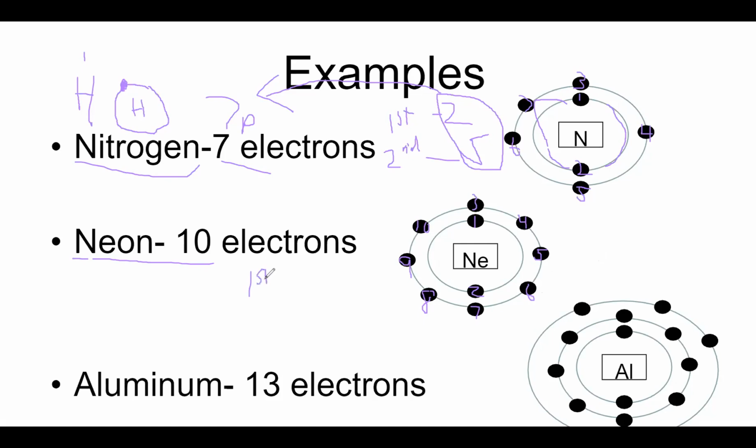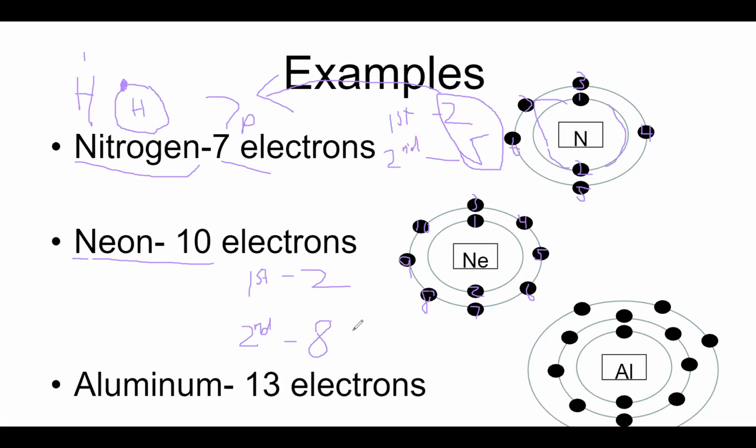So that's 10 electrons total on our first and second shell. We've got 2 electrons on the first shell, just like there will always be. And we fill out the rest on the second shell, which is 8 that we still have to go.